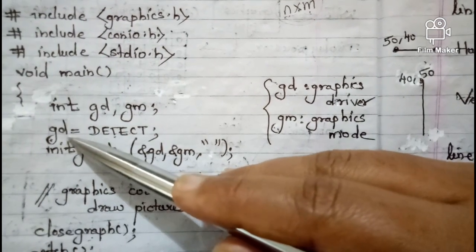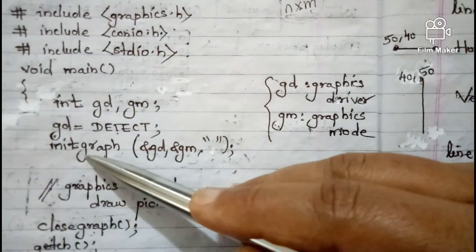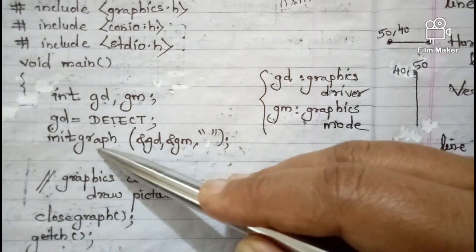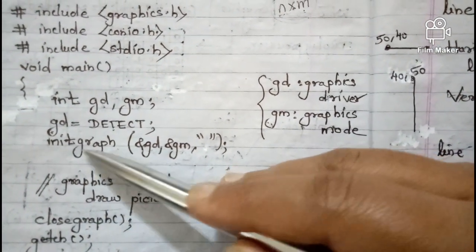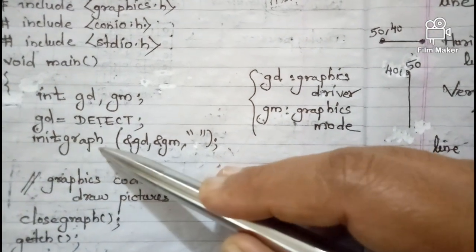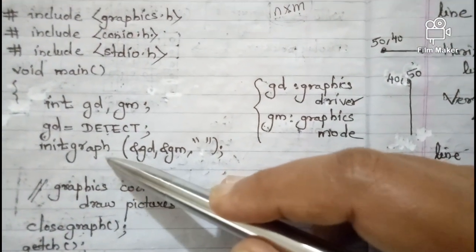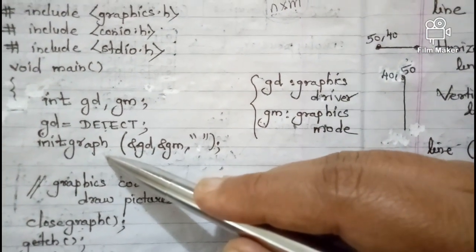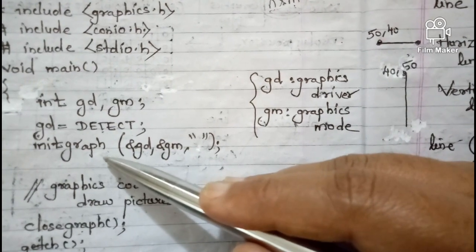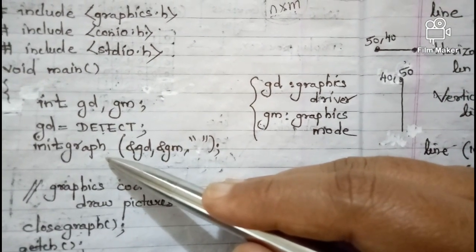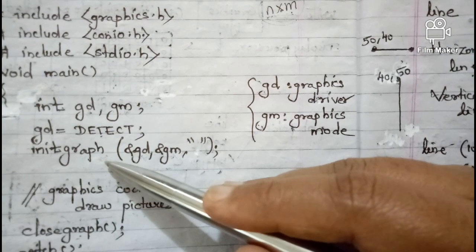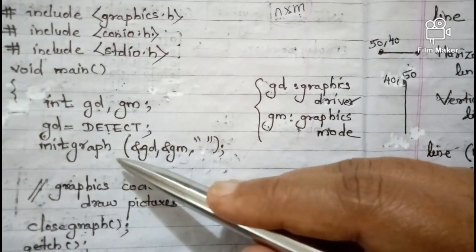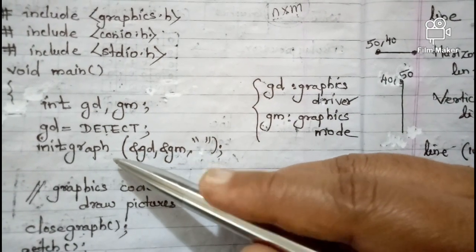Once the driver is automatically detected, we move on to the next function, which is initgraph. initgraph is used to initialize into graphics mode. Why is this function needed? We know that every computer system by default has text mode. In the text mode, the number of row and column divisions are only few, and the text mode is capable of only displaying text data.